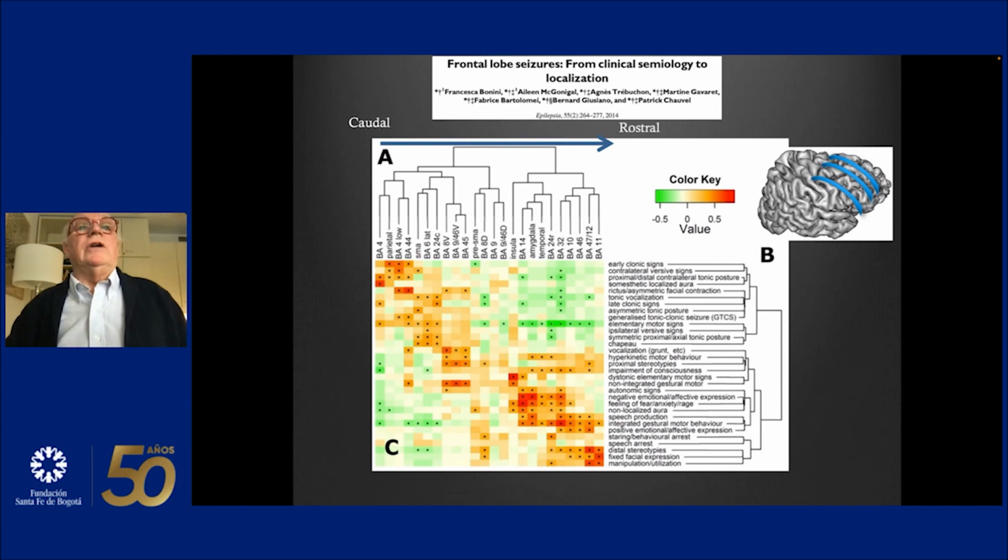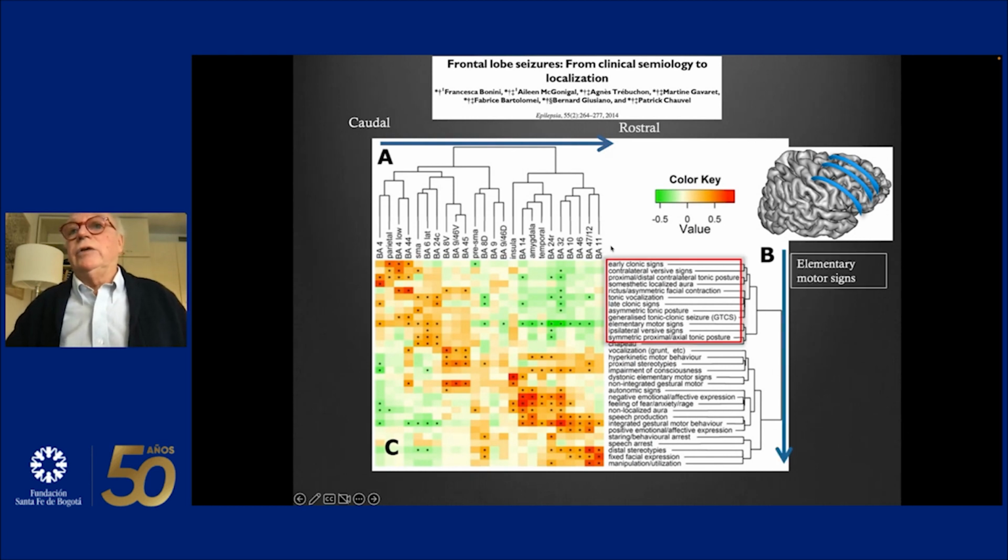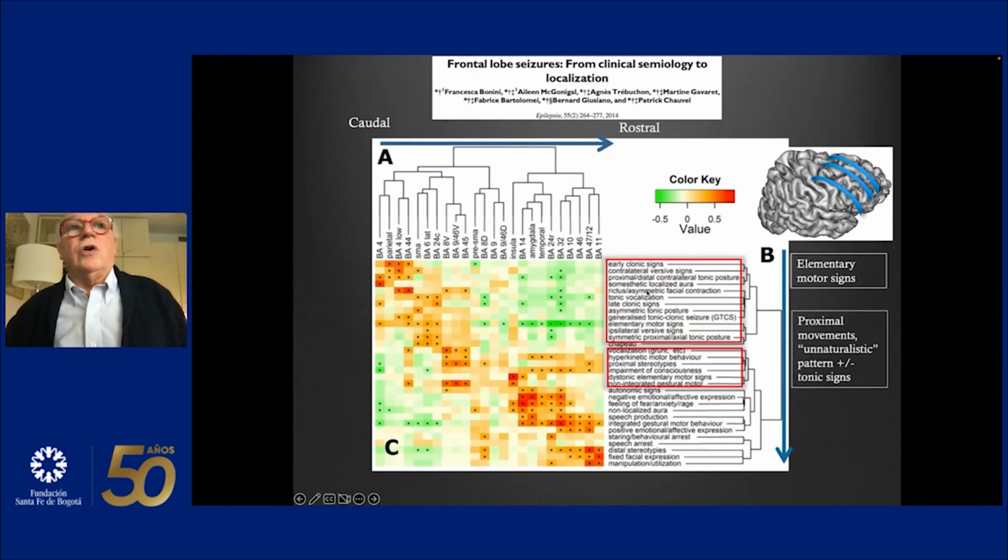Here it's caudal to rostral in the frontal lobe, from the motor cortex to the temporal pole, and you see that the elementary motor signs, which are posterior, are correlated with the discharging of this area.